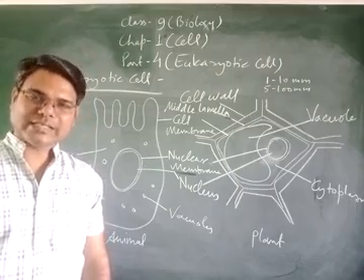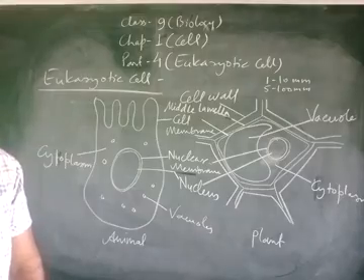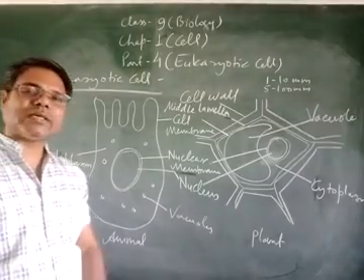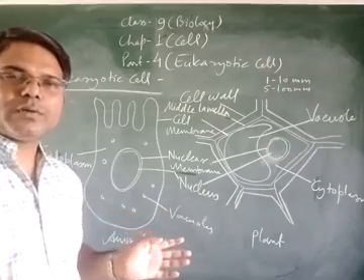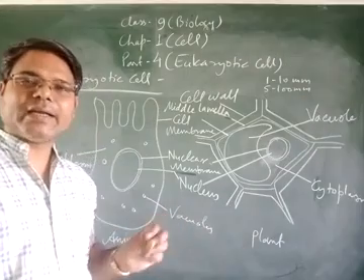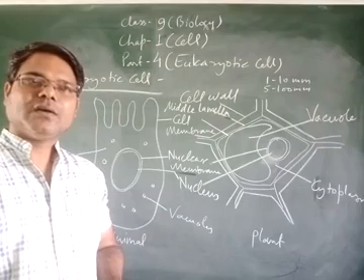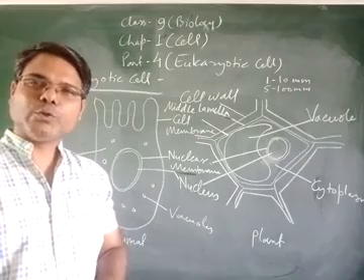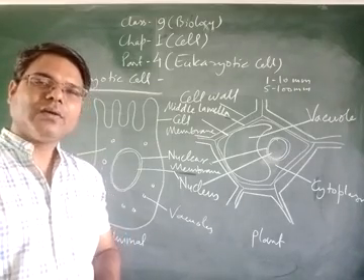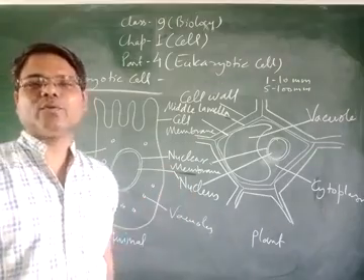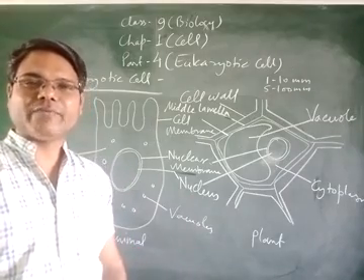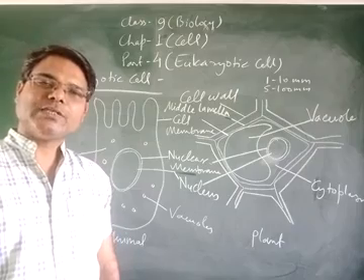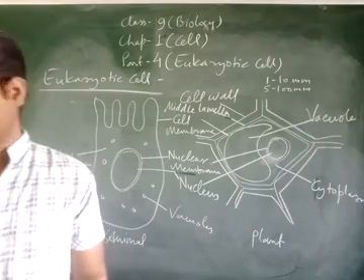Now, students, in the prokaryotic cell, you already saw that the nucleus is undefined or undeveloped due to absence of a nuclear membrane, but in the eukaryotic cell the nucleus is well developed or well defined due to the presence of a nuclear membrane.